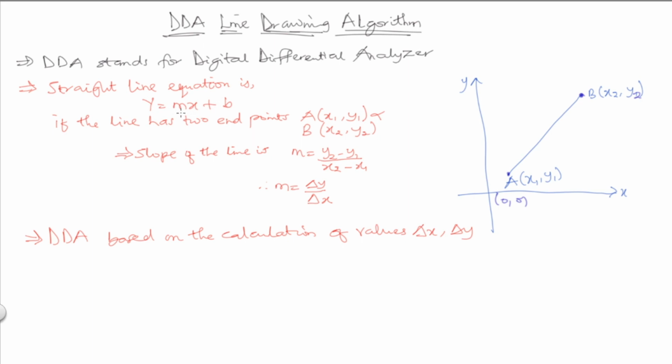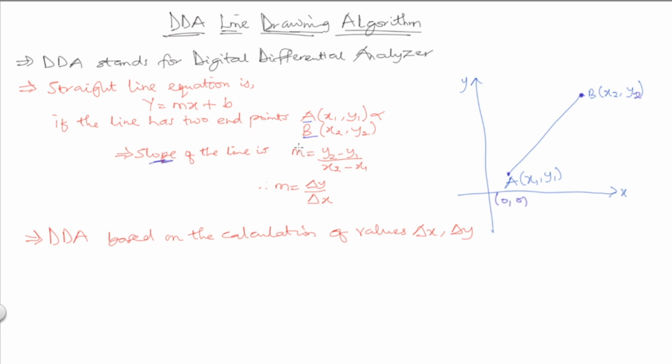Now the straight line equation is of the form y equals mx plus b. If the line has two endpoints, A and B, with these coordinates, then the slope of the line is given by this formula: the difference in the y values divided by the difference in the x values. So y2 minus y1 over x2 minus x1 will give us what we call the slope, and the slope is also termed the gradient.